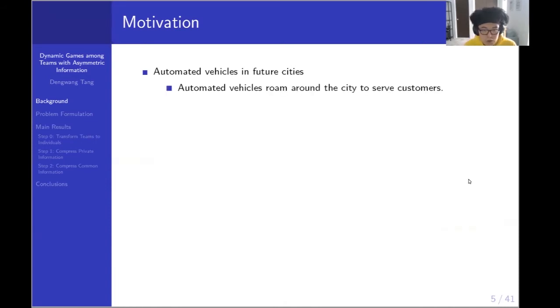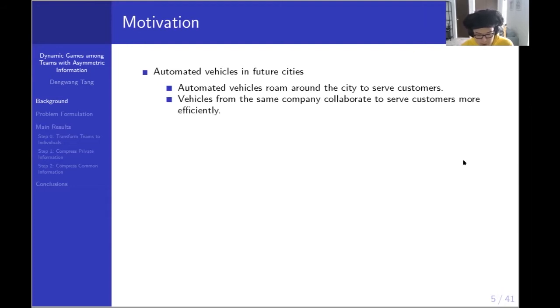So the vehicles will roam around the city to serve customers, and their decisions are made by algorithms, not a driver. Vehicles from the same company, now fully automated, can collaborate on their strategies in order to serve more customers and make profits. And fleets of vehicles from different companies will compete with each other for customers. So this is one application.